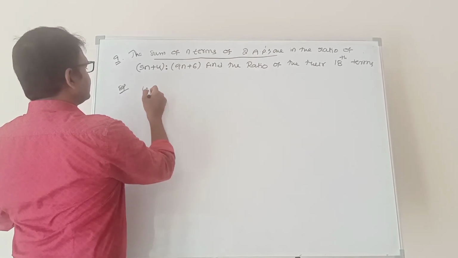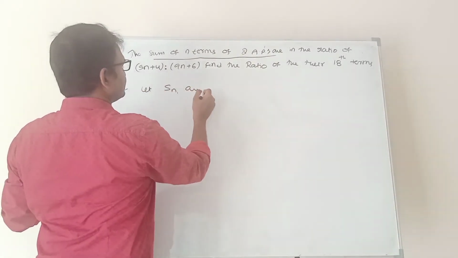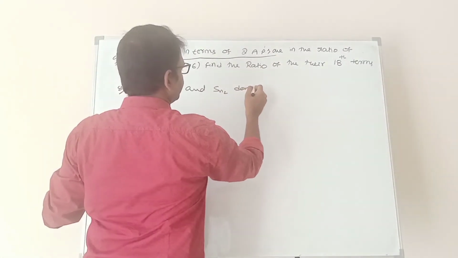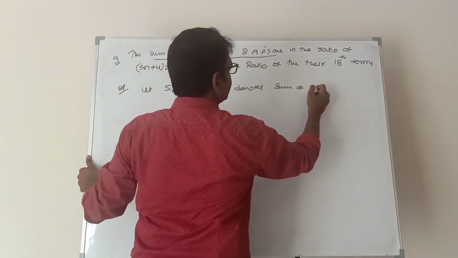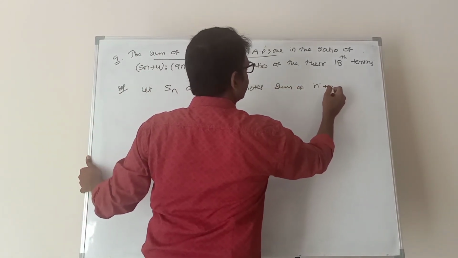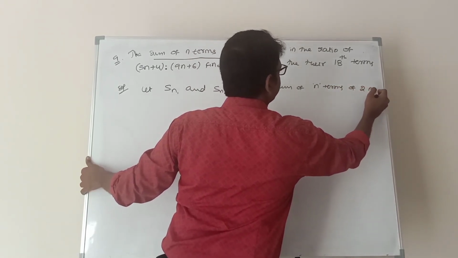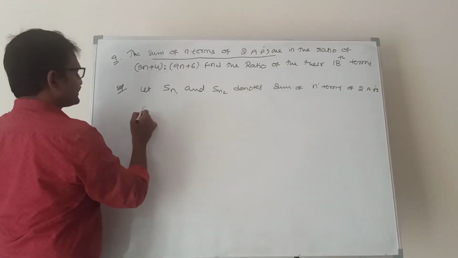Let S_n1 and S_n2 denote the sum of n terms of the two arithmetic progressions.